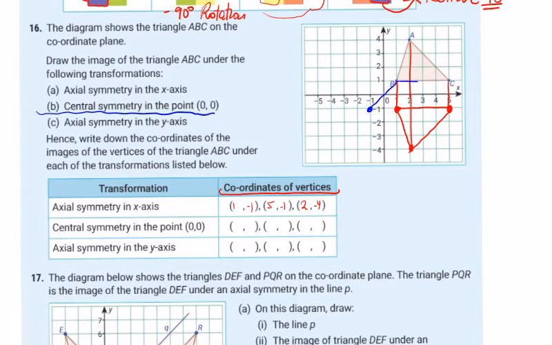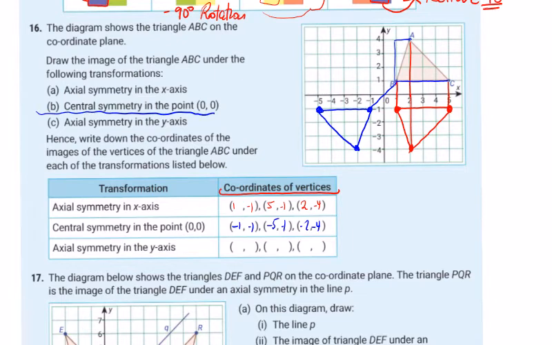C is 4 away from B, so the best way to do C is to come to here, 4 away from B, and then A, if we imagine A being up 3 and across 1 from B, we would get to here for A. So this is my symmetry in the origin. So I have -1, -1. I have -5, -1. And I have -2, -4.